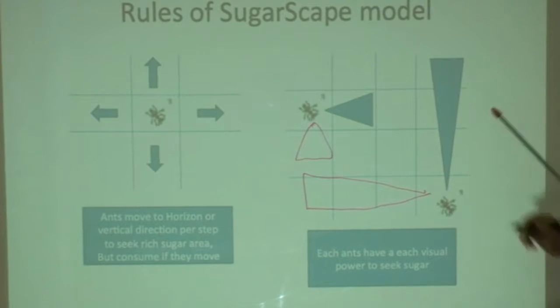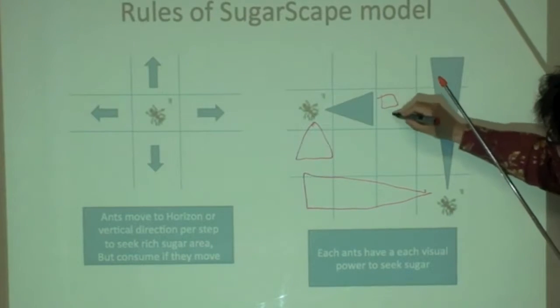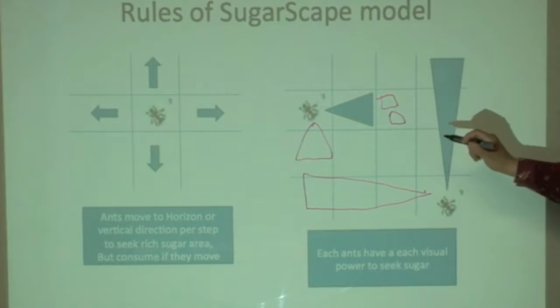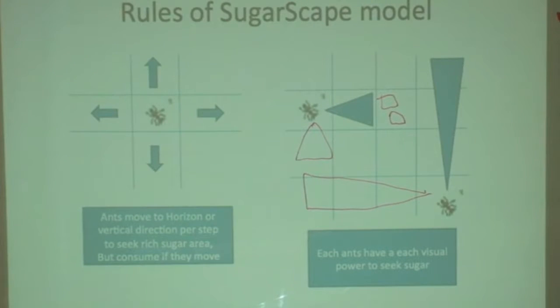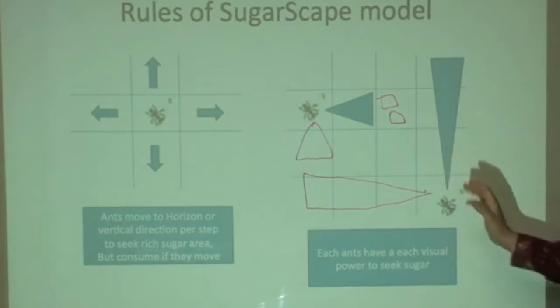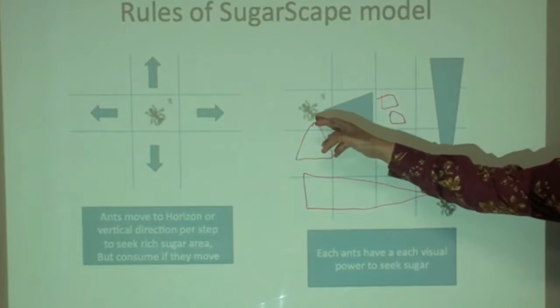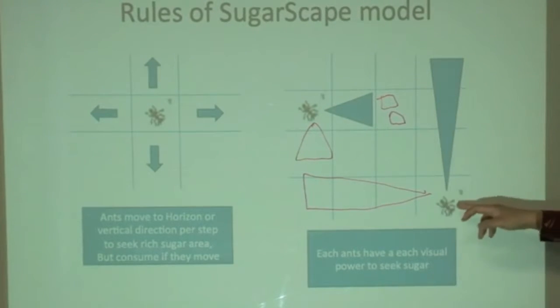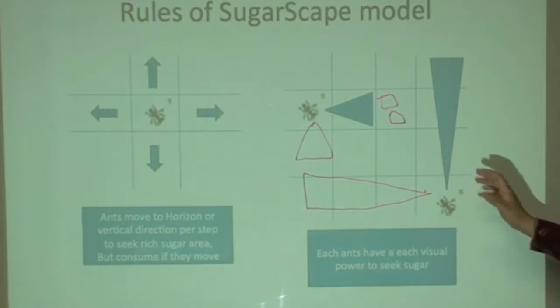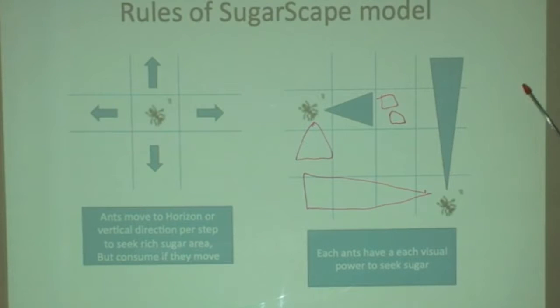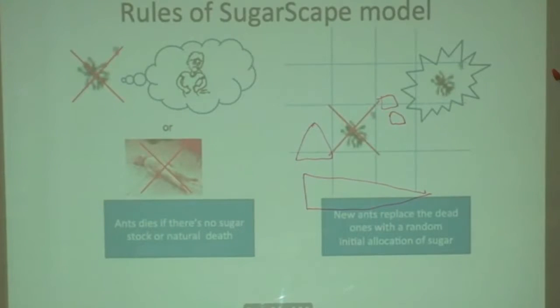If this area has some 2-point sugar but he cannot see it, so he cannot move. He also cannot see, so he cannot move.